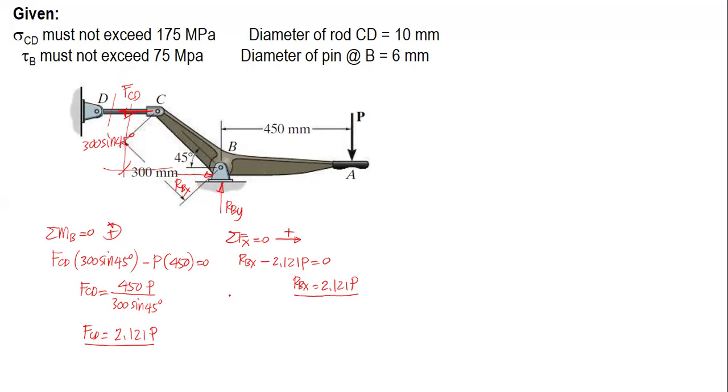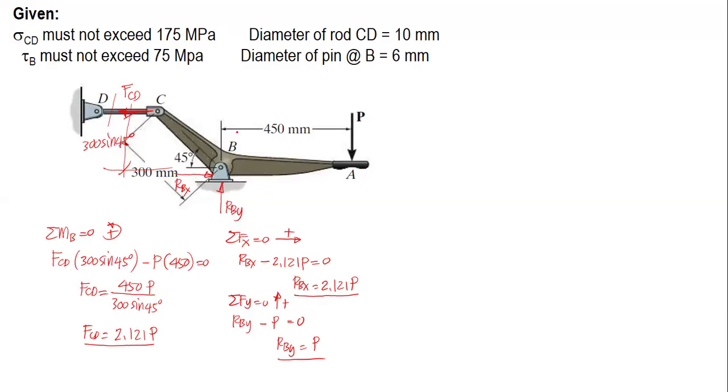And then summation of force along the vertical to solve for RBY, with upward force positive. So we have RBY minus P, the other vertical force. So RBY is equal to P.